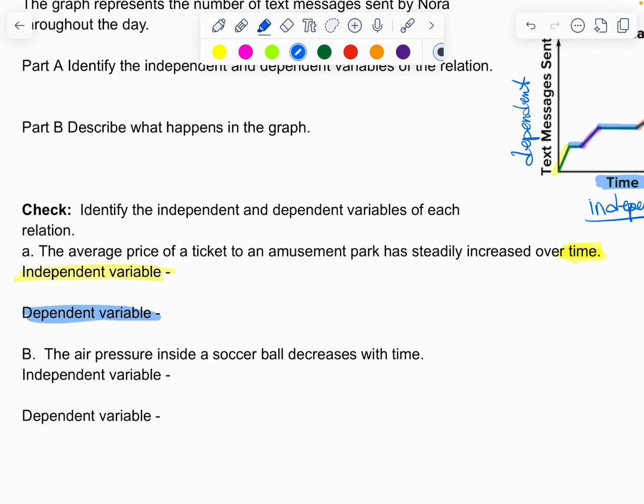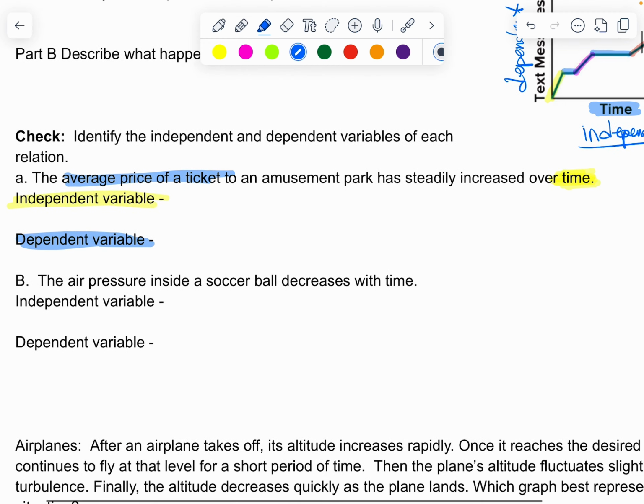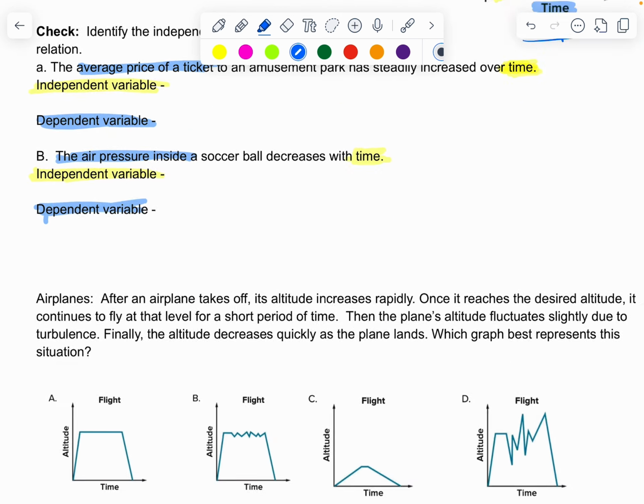Dependent variable is the average price of the ticket. Next part: the air pressure inside a soccer ball decreases with time. Time is still the independent, and the dependent is the air pressure inside a soccer ball.